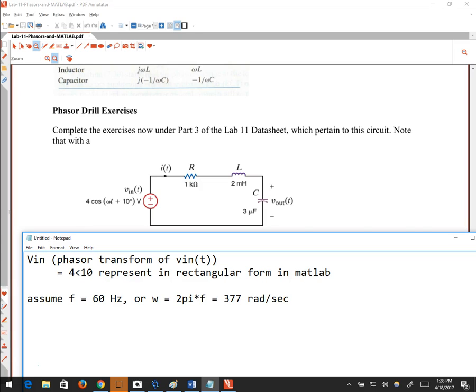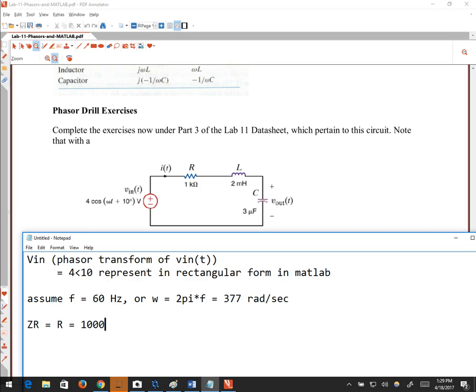So the key when you're looking at a circuit is that you have to know what the frequency is, and omega is just hidden here. I should put that down. But now you know omega, and as we learned in lecture, what's the impedance of a resistor? It's R, just the resistance, and that's going to be 1,000.